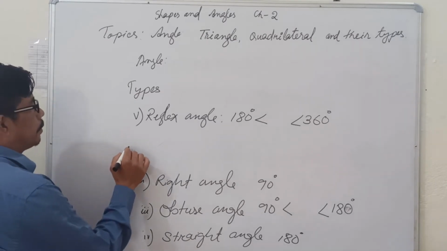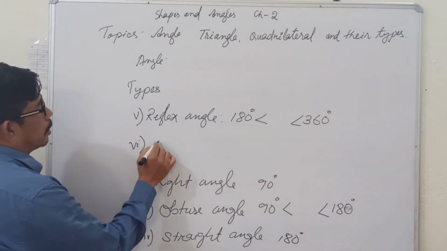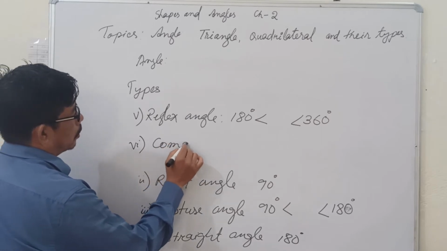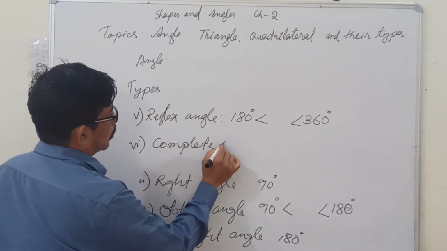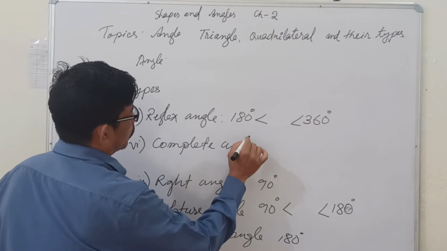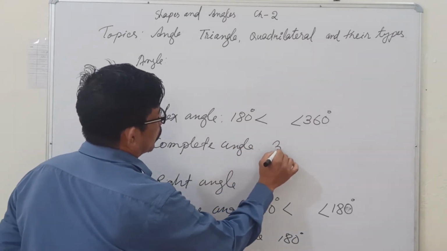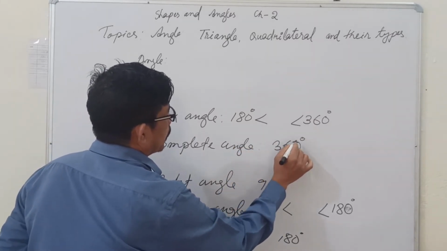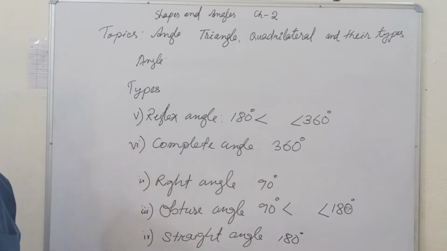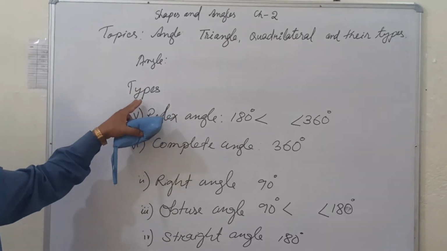Then the last type. The angle whose measure is exactly 360 degrees is known as a complete angle. So these are the types of angles.